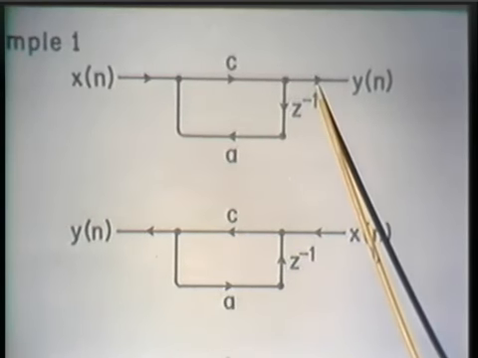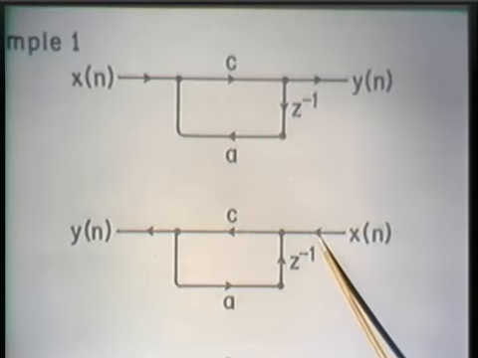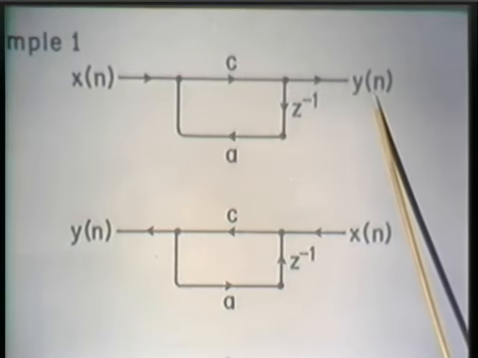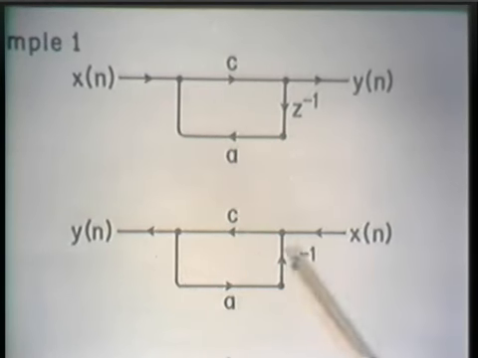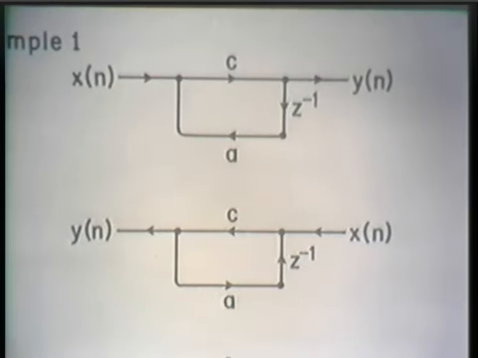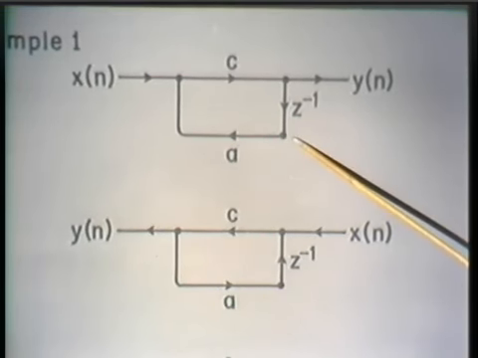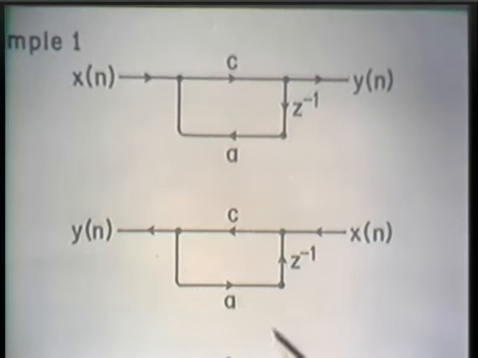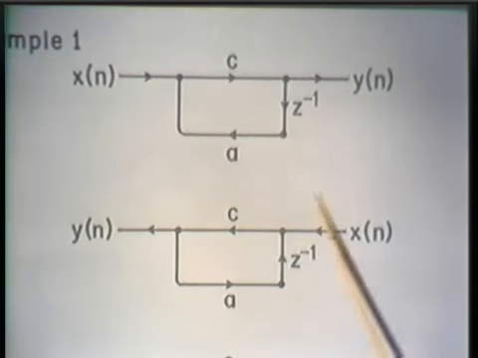This branch, which has a gain of unity, is turned around. Put the input where the output was, and take the output from where the input was. So the transpose of this network is the network that I've indicated here.